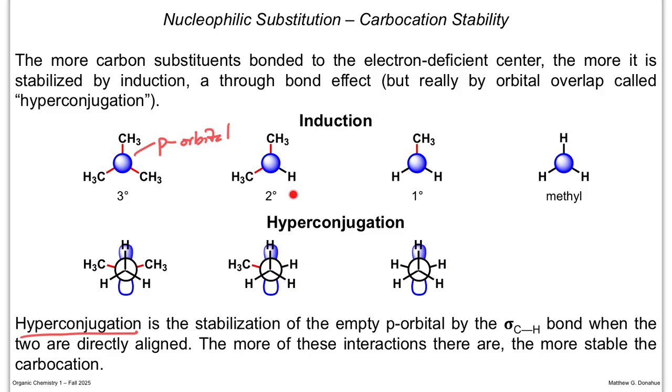Now the further complicating factor is we know how to form these things by ionizing the bond. So we can form it, we can classify it. A carbocation, if set up right, can rearrange.